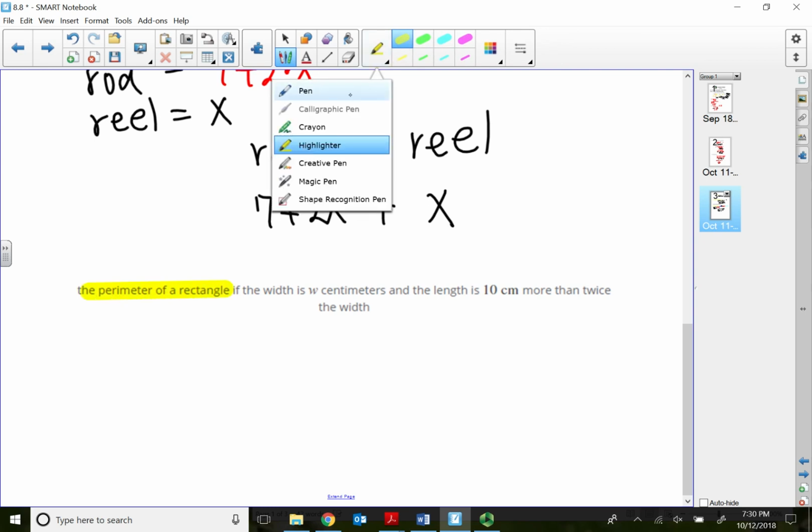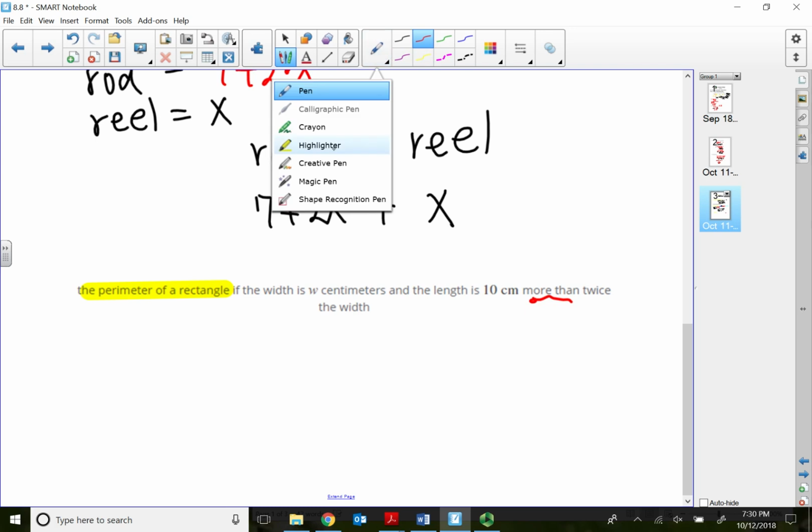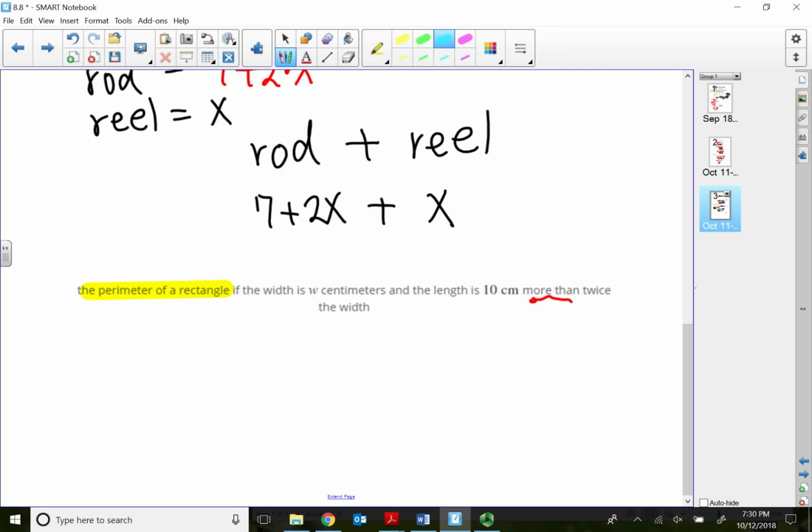It says if the width is W centimeters, and the length is 10 centimeters more than, so that's my translation word. Who is more than who? The length is more than the width, okay?